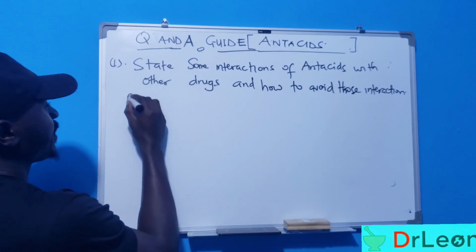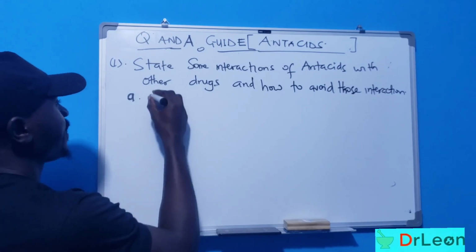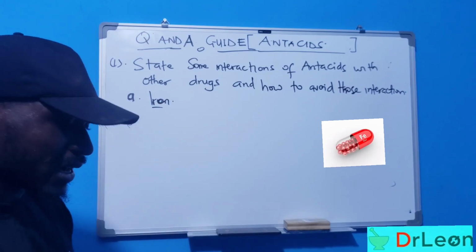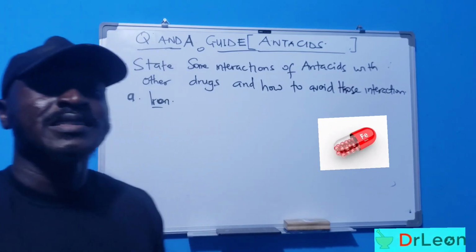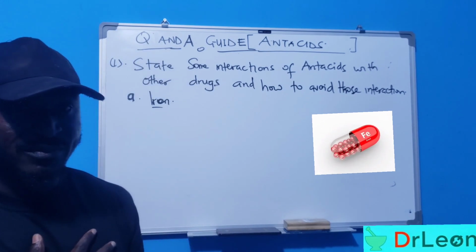medications that can interact with the antacid, one of them is iron. So iron needs an acidic environment for its absorption.